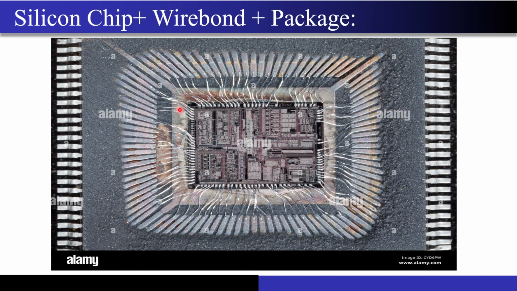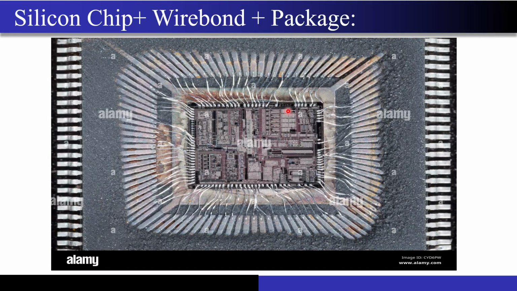Correct. And if you take a good view of the package, if you open the top of the package and look at what is present inside, these are the leads of the package, the legs of the package, which will be sitting on the PCB. And if you look inside, what you are seeing over here is what makes the connection between your silicon die and the package. This is what we call wire bonds, correct?